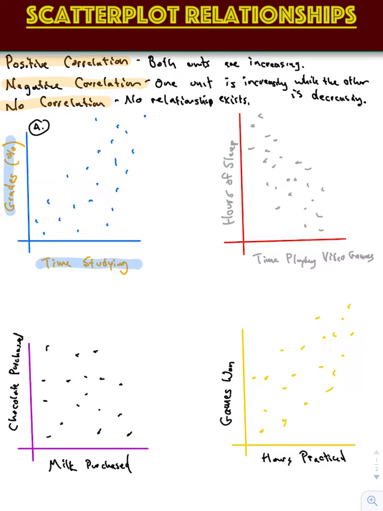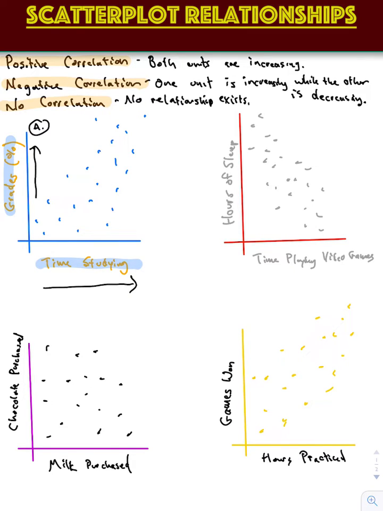If we look at where the data points are, we start to notice that as the amount of time studying increases, as it goes to the right, the grades or the percentages start to go up.